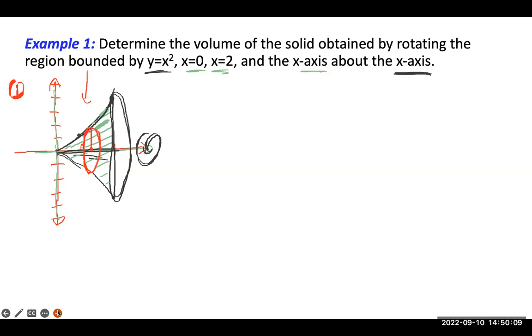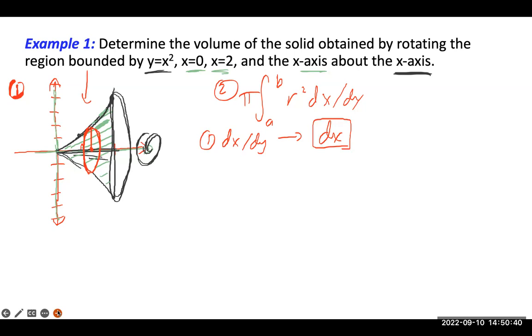So for number 2, we put our formula: volume is equal to the integral from a to b of pi r squared dx or dy. First step, figure out whether I'm dealing with a dx or a dy. That depends on whether you're rotating around a horizontal or vertical line. If you're rotating around a horizontal line, like the x-axis, then you're going to use dx.